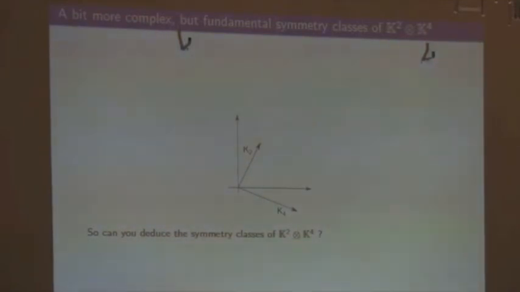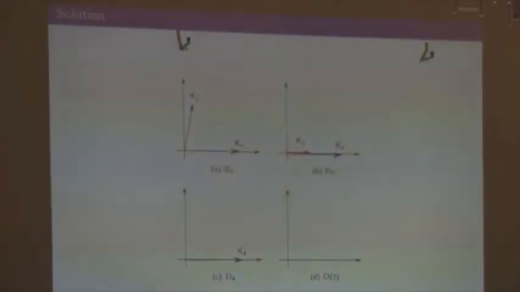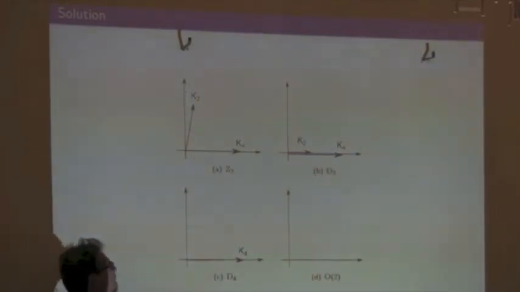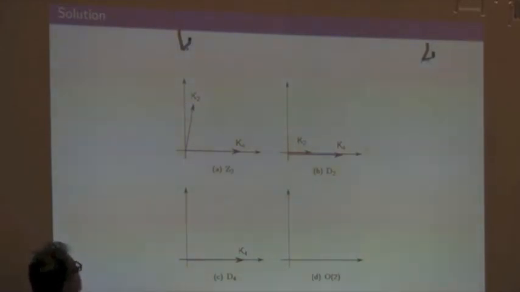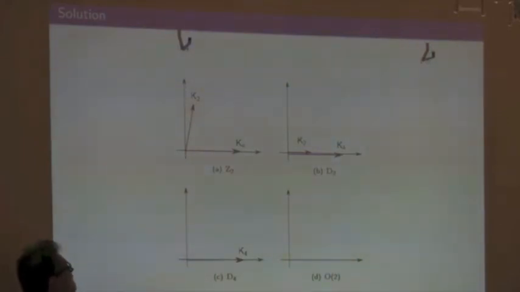So the solution I will make is given here. At the first time, I look for symmetry classes, so the answer is modulo 1 rotation. So at the first step, I can align the component living in K4 along the x-axis. Okay. So now, what is the operation that lets this situation invariant?